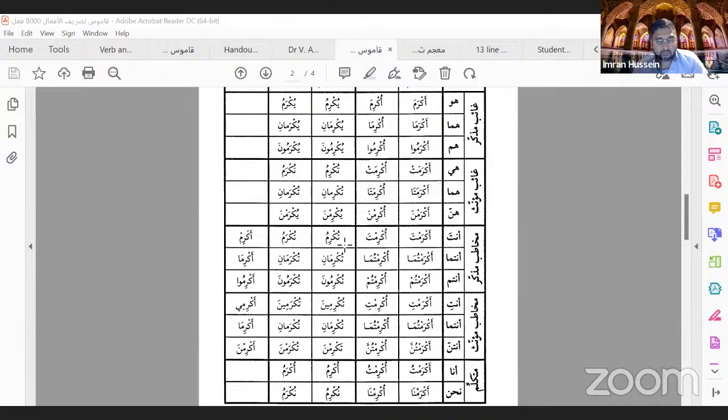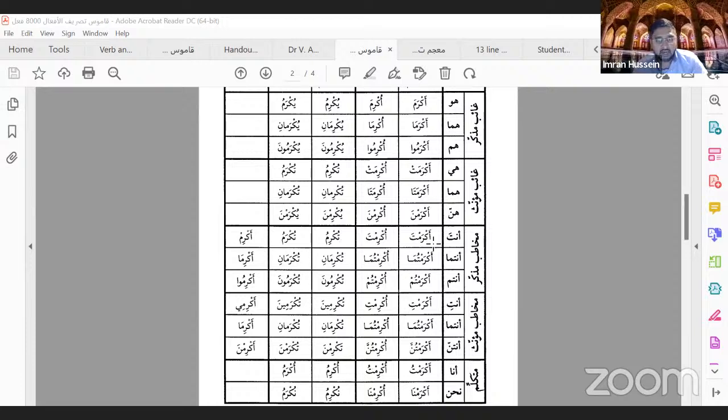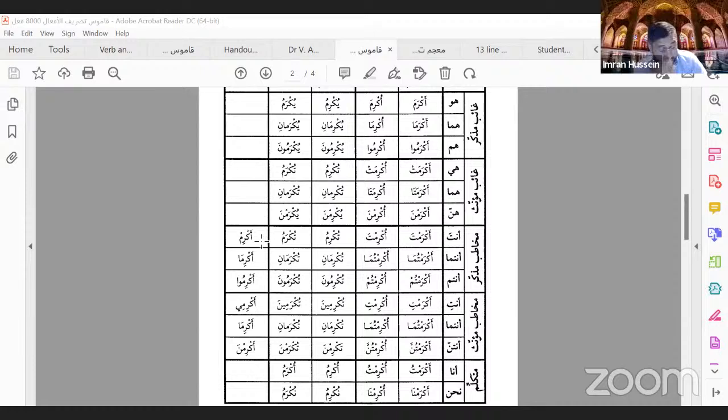From tukrimu, when we drop the ta, the alif, the hamzatul qat which was in the past tense, reappears in the amr with a fatha. The last letter has a sukoon.